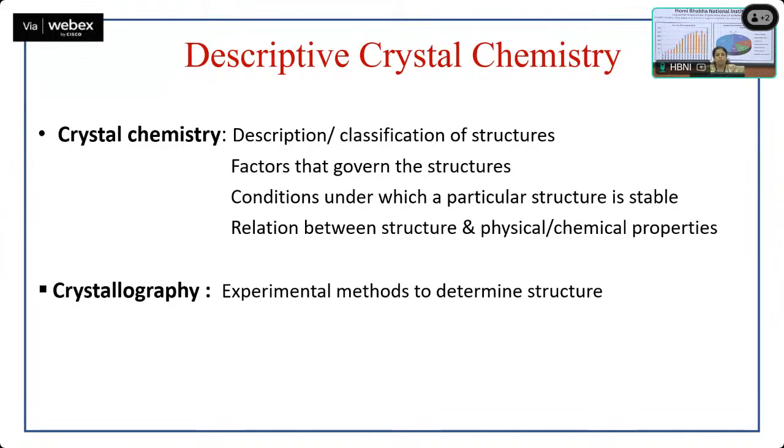And also, once I have known the structure and suppose the material exhibits some property, what is the relation between the structure and the resultant physical chemical property exhibited by that material, which is of course very upcoming, a hot area in material science, to understand the correlation between the structure and property exhibited by the material, and then use that relation to design new and better materials.